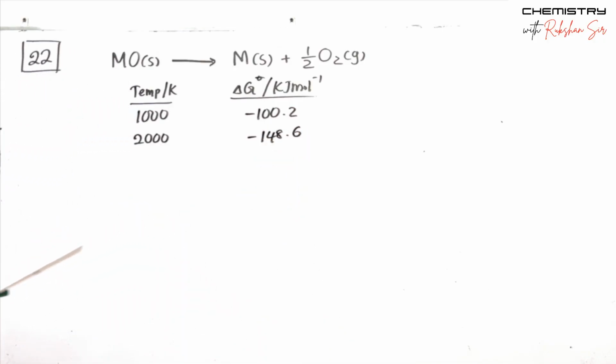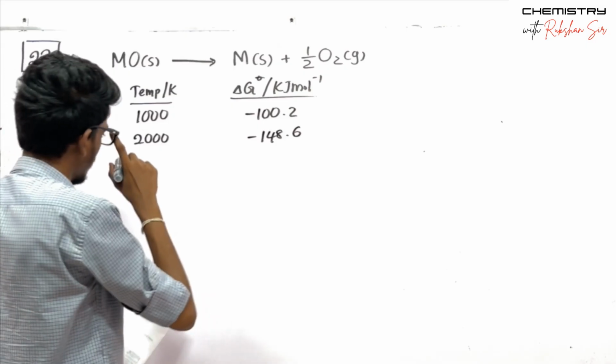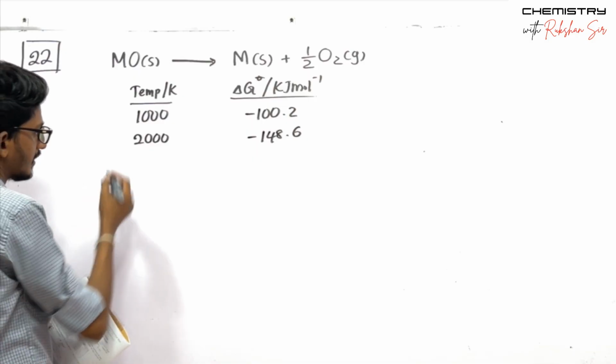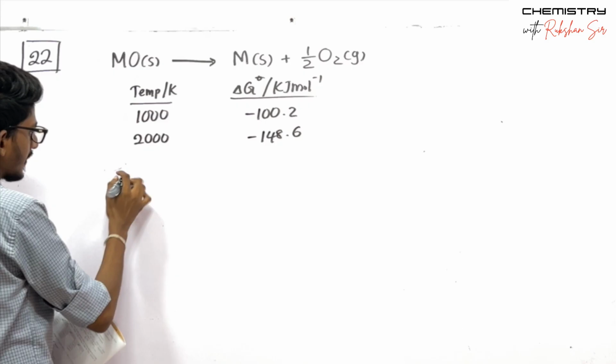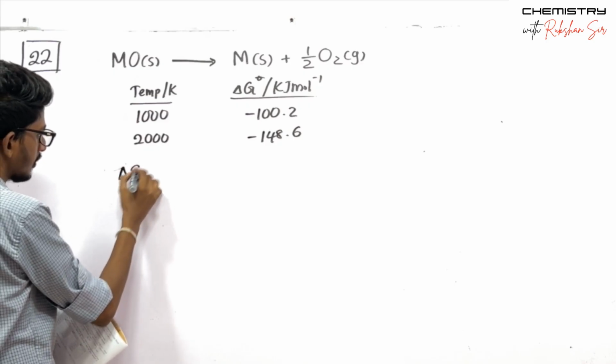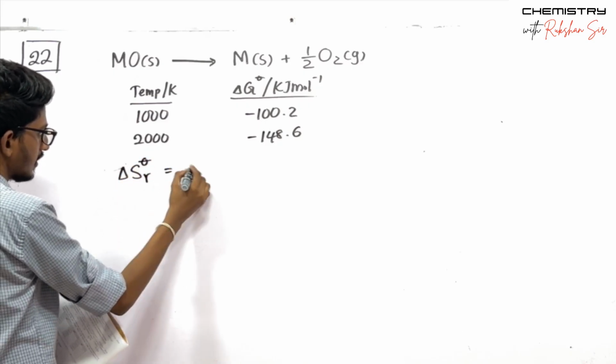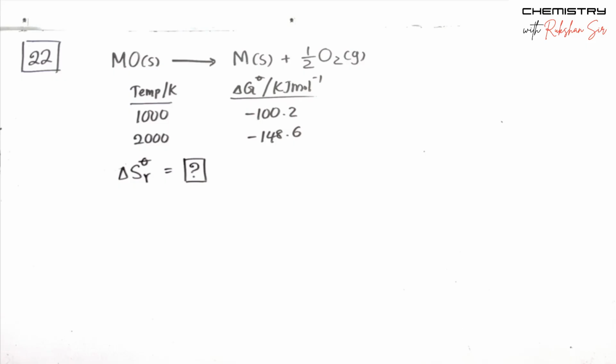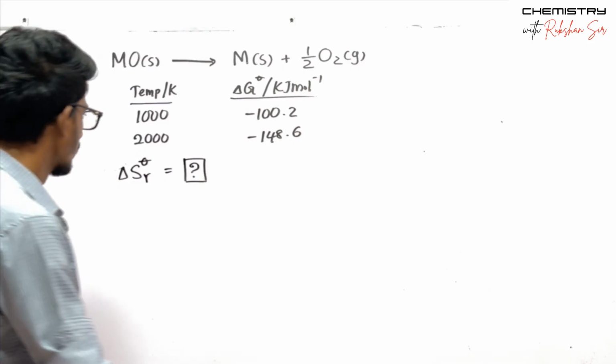What they are asking is the standard entropy change of the reaction. Actually, delta H is not what they are asking, that is the entropy of the reaction. So let's try to solve this one.